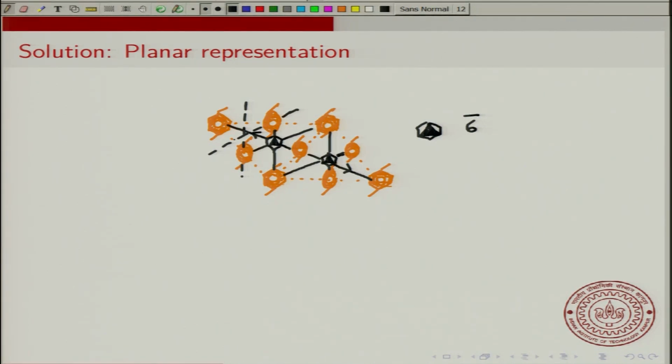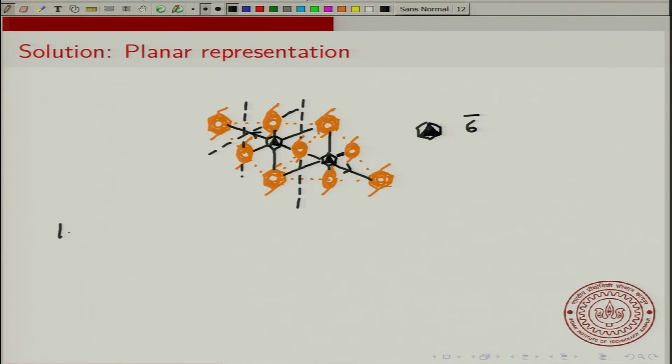And so on. You can extend it again to the entire cell. You'll have one here. So this is a planar representation of not all the symmetries, but at least a significant fraction of the symmetries of the HCP lattice.